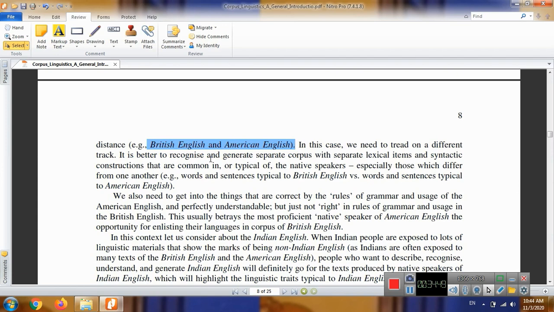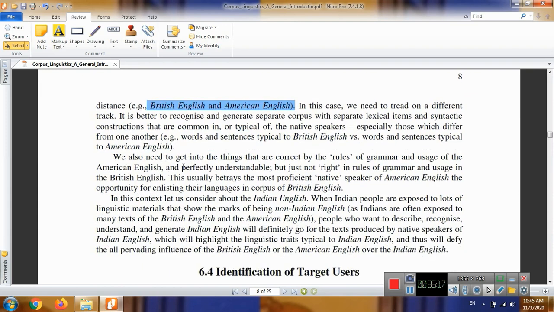It is better to recognize and generate a separate corpus with separate lexical items and syntactic constructions that are common in or typical of the native speakers, especially those which differ from one another, like words and sentences typical to British English versus words and sentences typical to American English.